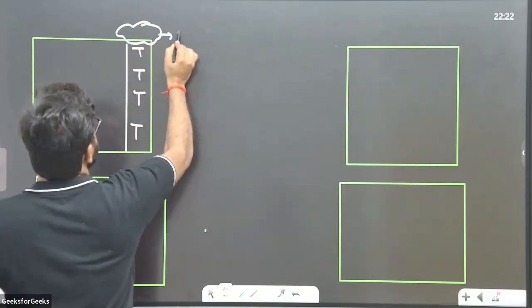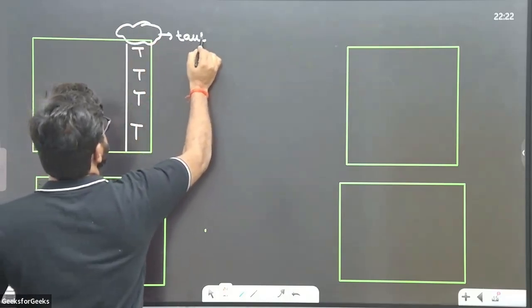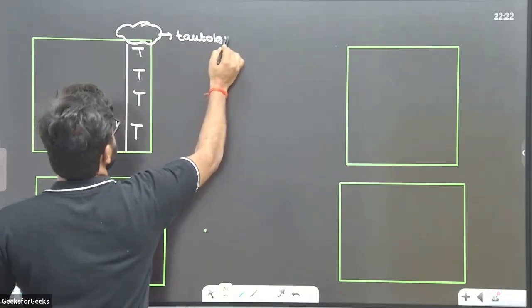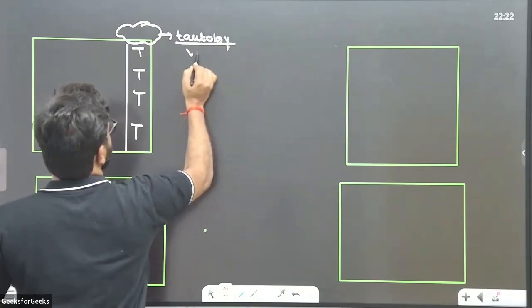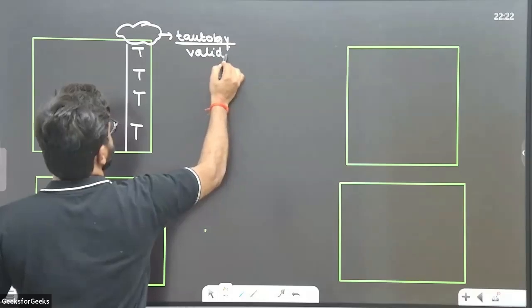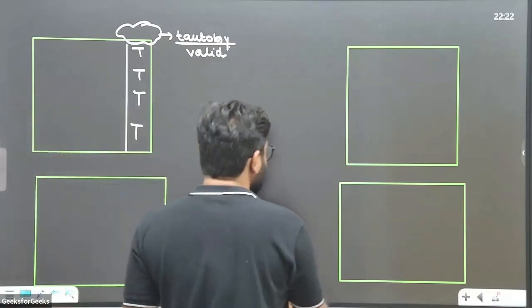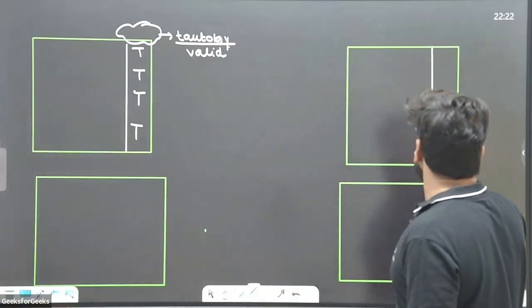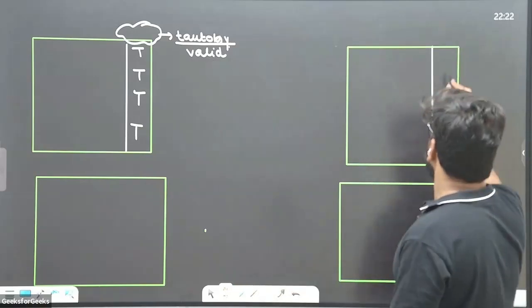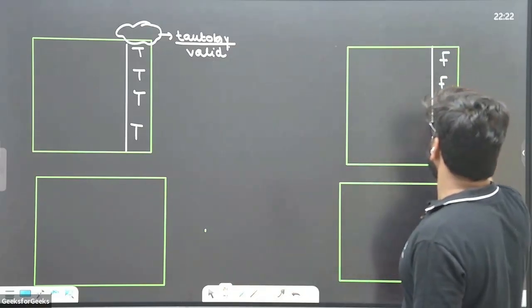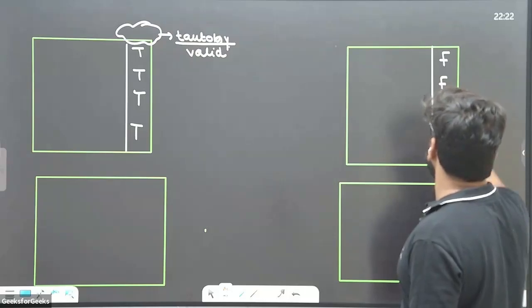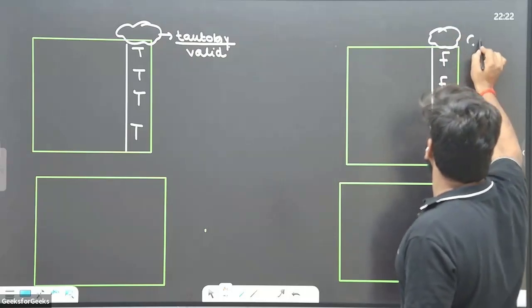This expression is called a tautology, or sometimes it is also called a valid expression or valid statement. Suppose in the last column every entry is false. If this is false, this is false, this is false, this is false, this expression is called a contradiction.